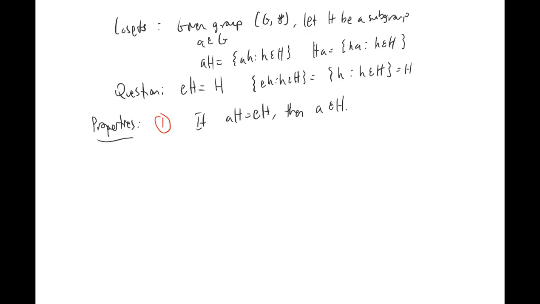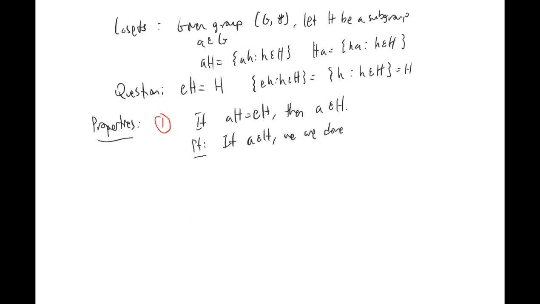Well, just think about it. If a is in H, we are done, because H is a subgroup, so it's closed under multiplication by itself. It is if and only if, but I'll get to that.